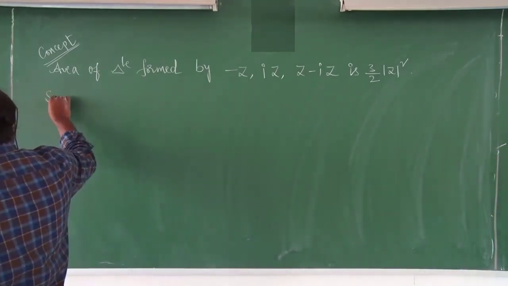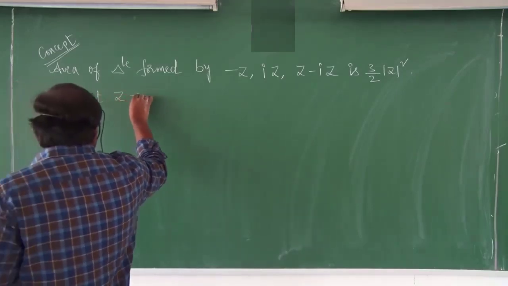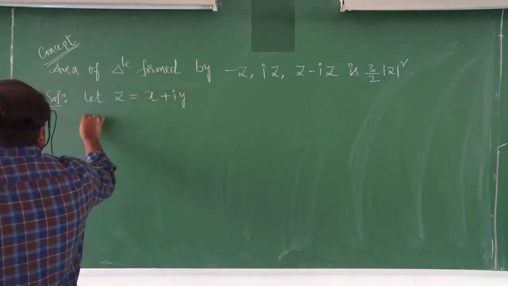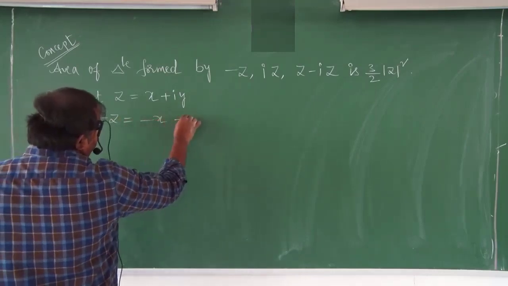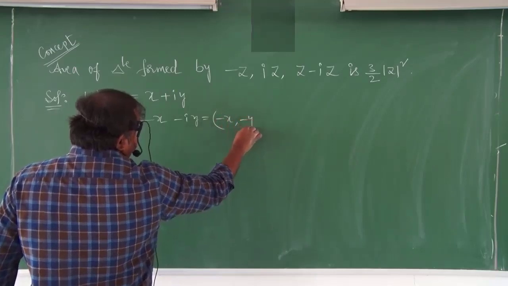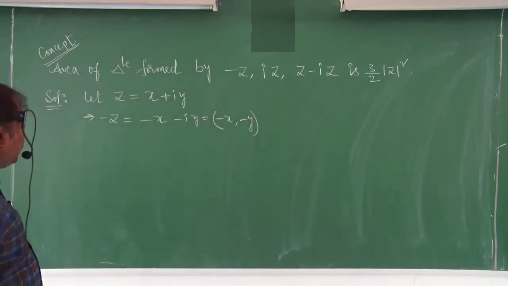Let me take Z equal to x plus iy. Then what is minus Z? Minus x minus iy, so what is the point? Minus x, minus y. That is the first point.